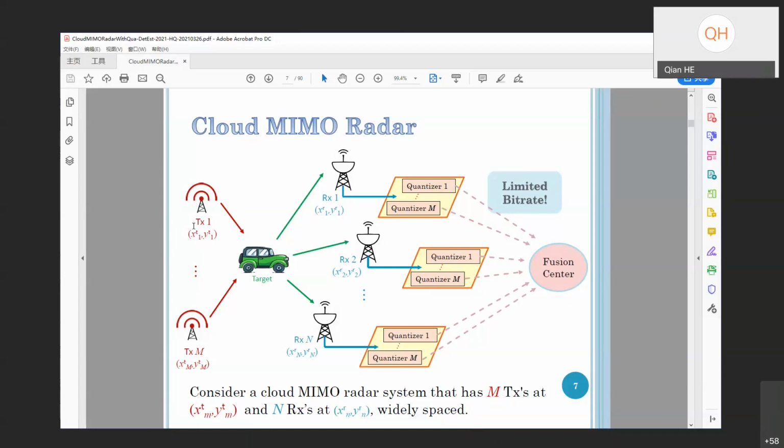Suppose you know all the locations of the transmitters and receivers, and all the transmitted signals. What you want to do is make use of the observations at all these sensors and think about how to process the signals in order to make a better detection or estimation.